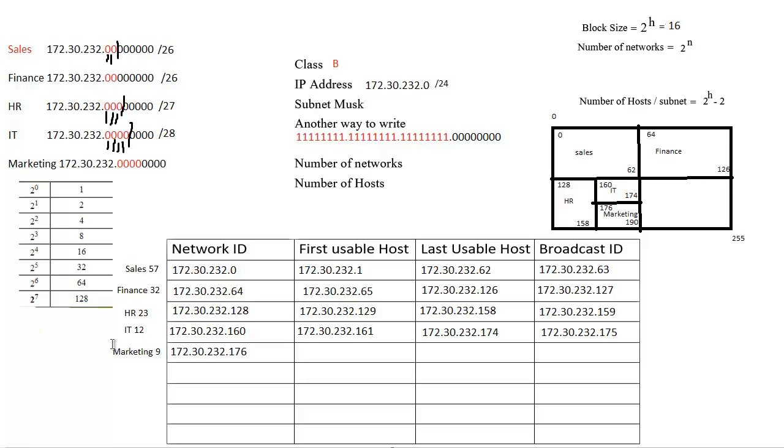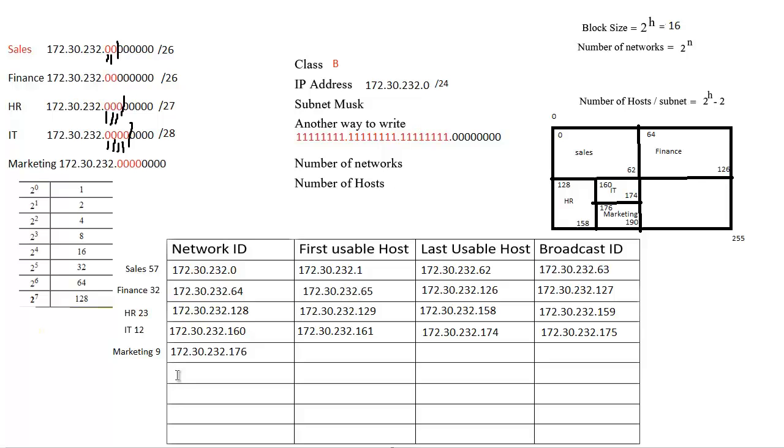For the marketing department, we need 9 hosts, and our requirement is 9 hosts. So it fits in 2 to the power 4. So we already have this here, so we do not need to chunk again. We will give it to the marketing department. This network will be incremented by the same 16 again.